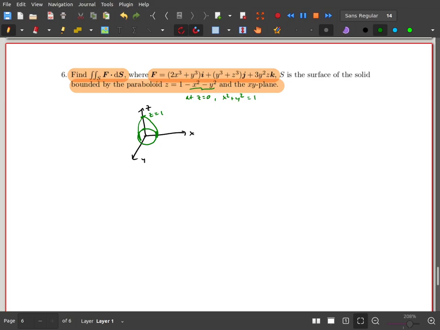So that tells you what that radius will be. So x equals 1 there, and then y equals 1 there. Then the xy plane, that one I'm not going to draw. That's the same as saying the plane z equals 0.